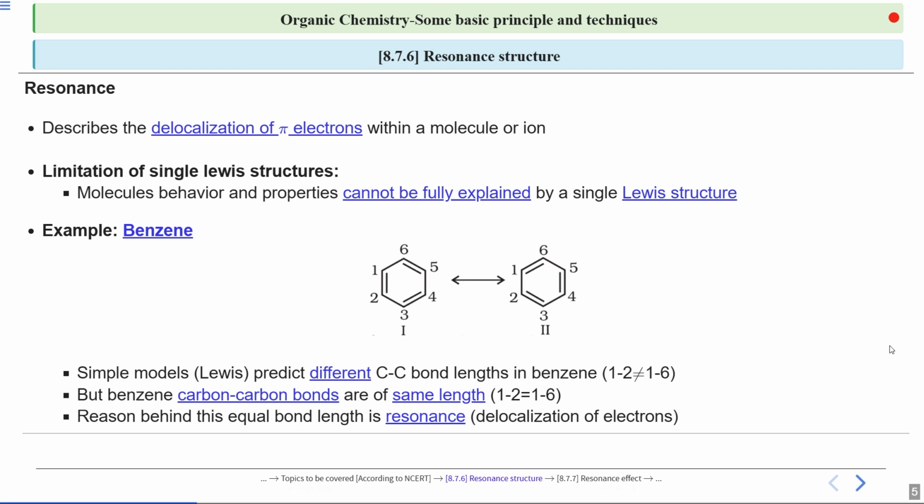In simpler terms, in case of benzene, it is the equal delocalization of electrons due to pi electron movement, which is called resonance. Due to that uniform distribution, we see equal bond length. Now we will see how this delocalization of pi electrons occurs and what the criteria for the delocalization are.